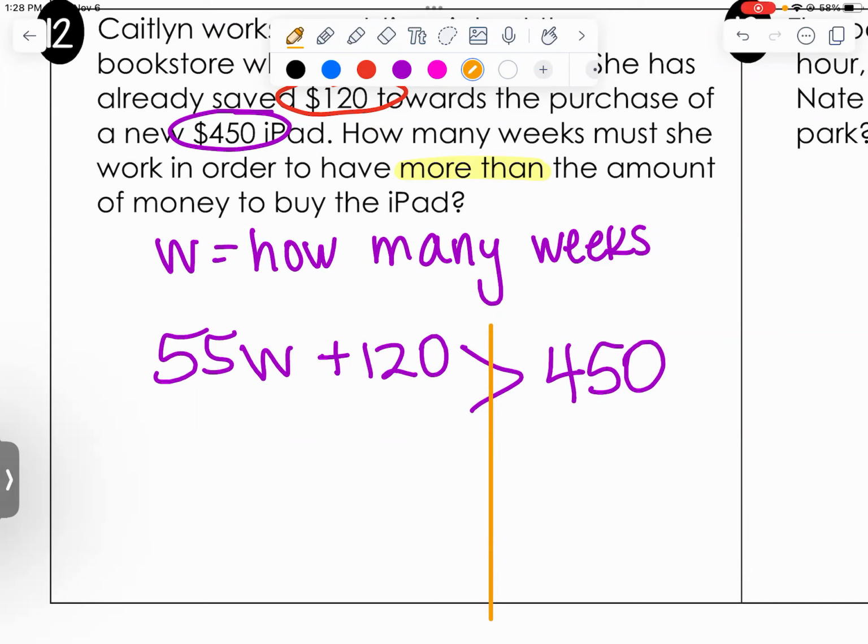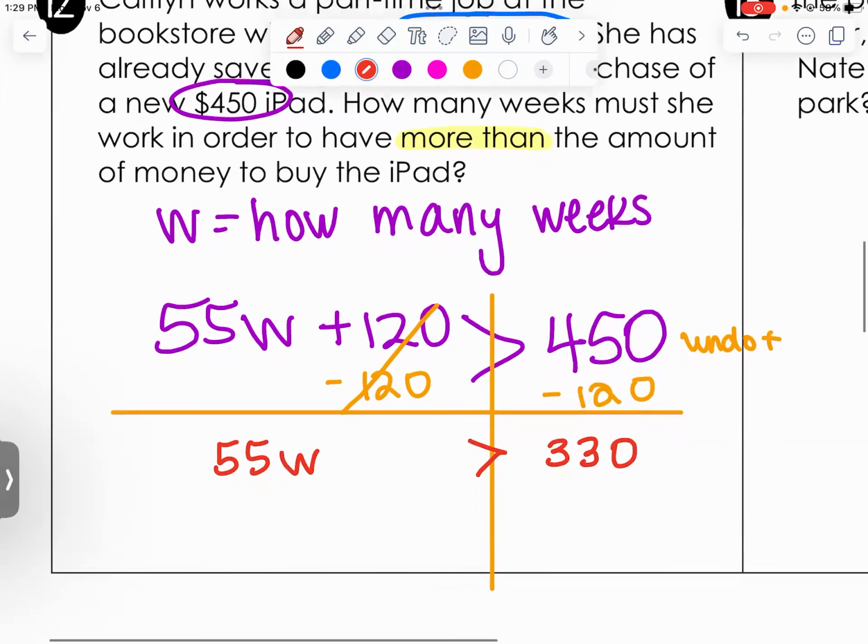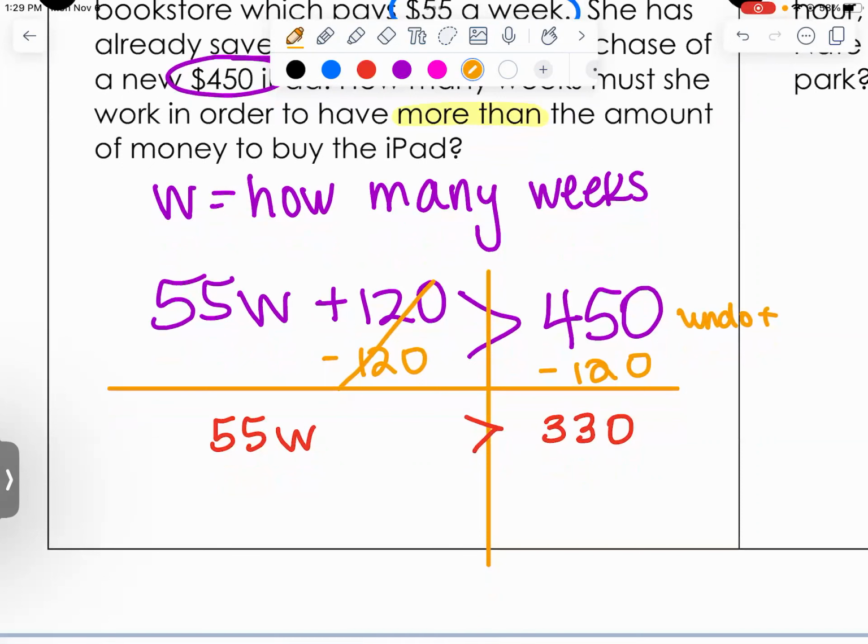Okay. All right. So now, how are we going to solve for W? Let's subtract 120 to get 55W is greater than, I need your help, 330. Okay. Austin, what do we do next? Okay, if we divide by 55, somebody with the calculator, help us out.